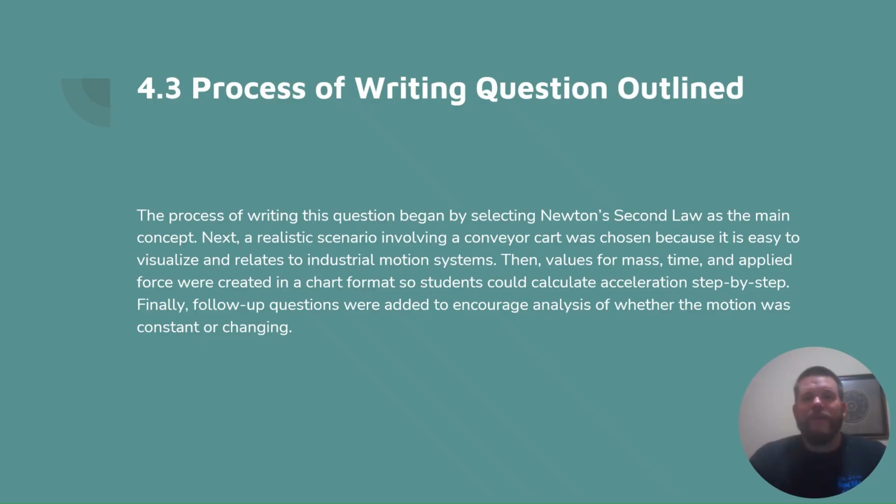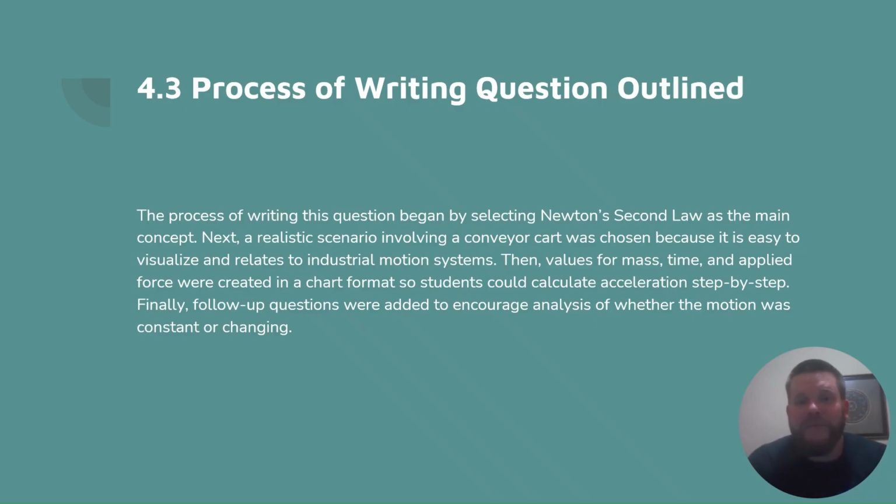Process of writing the question. The process of writing this question began by selecting Newton's second law as the main concept. Next, a realistic scenario involving a conveyor cart was chosen because it is easy to visualize and relates to industrial motion systems.